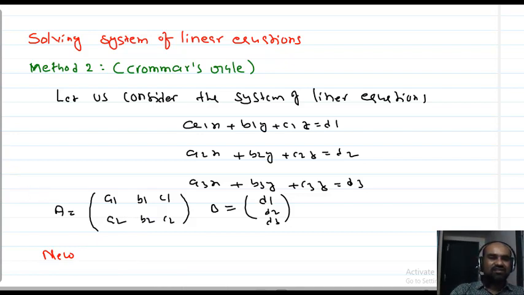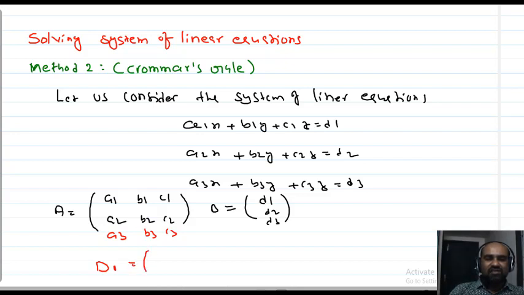Sorry, I wrote something wrong here, I forgot to write another row, that is a3, b3, c3. Okay, leave it. So we need to create three matrices, say D1, D2, D3.